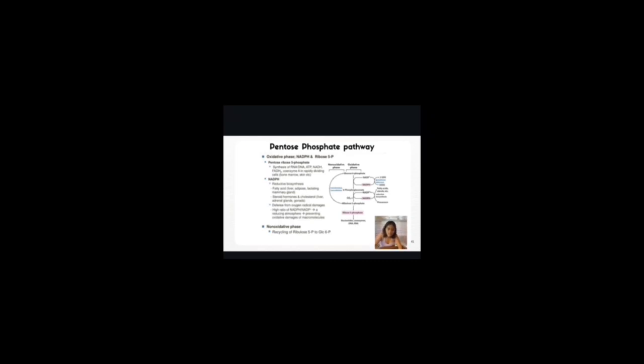Kaning sa next diagram, kaning photo or image shows the oxidative phase of the pentose phosphate pathway. So oxidative phase na siya, which involves a series of enzyme catalyzed steps converting glucose 6 phosphate into ribose 5 phosphate.